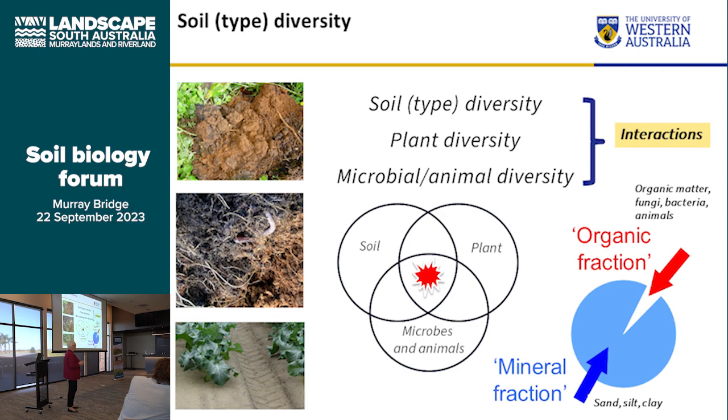So, soil diversity. When we talk about soil organisms, we really need to think about the soil type they're in, because although you've got lots of organisms and they're similar in different soils, what's going on will depend on the soil. If it's a heavy soil or a sandy soil, it's going to affect the habitat of the organisms that you've got.